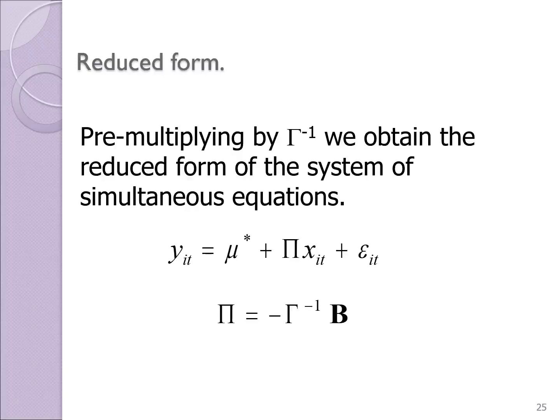We pre-multiply the whole system by gamma to the -1, and we obtain the reduced form of the system of simultaneous equations. That is the typical way of solving a set of equations. And now what we have is one equation for each of the dependent variables that are possibly endogenous, Y_it, one for each of them.